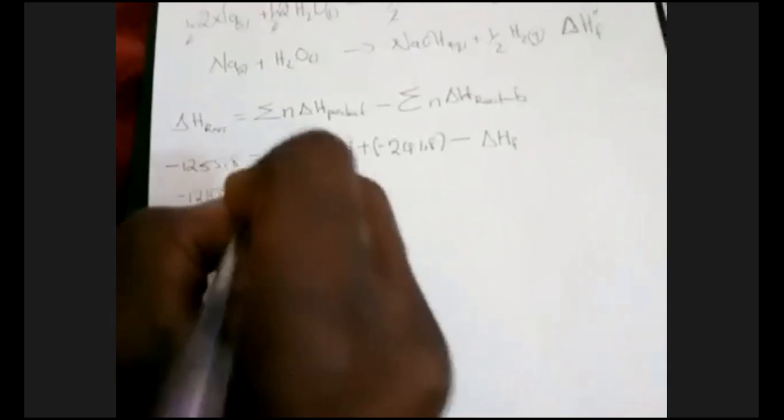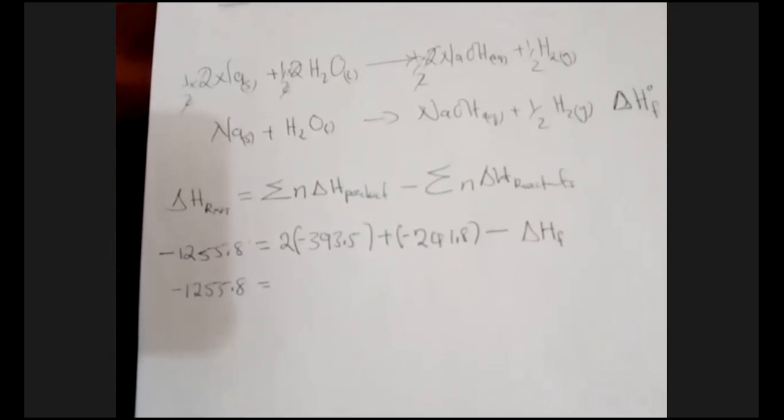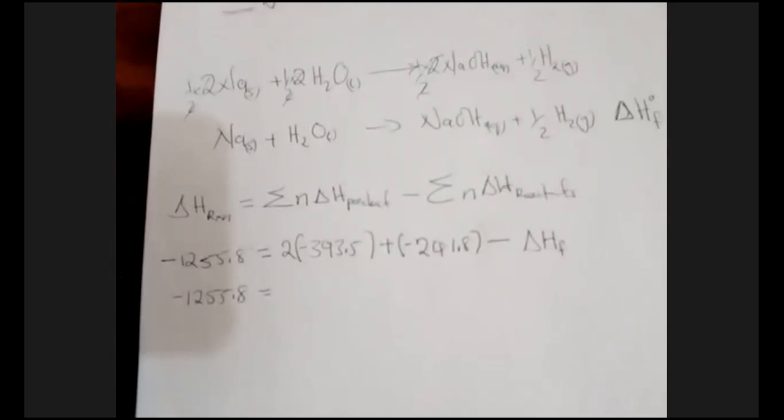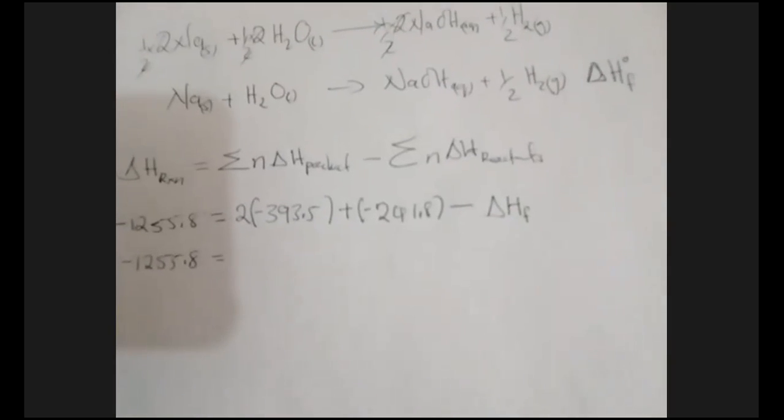So we have here minus 1255.8 is equal to, what is the answer you're getting when you deal with this? It's negative 1028.8.